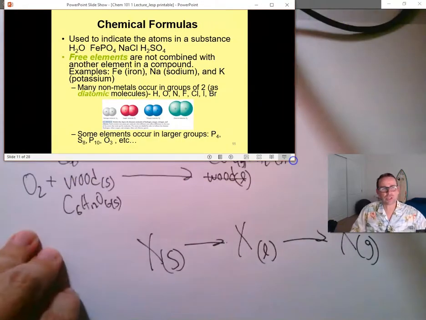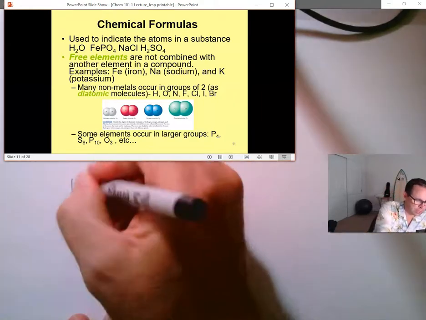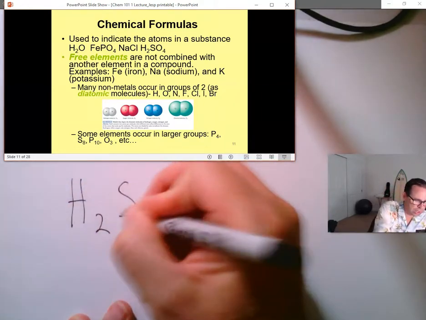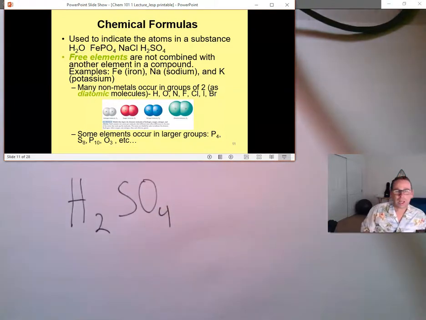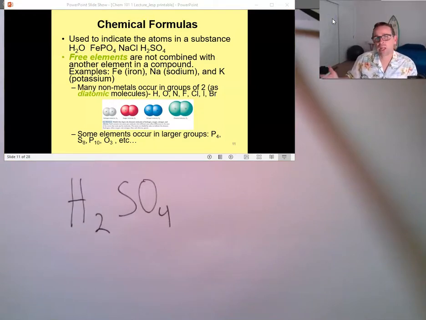So let's look at the H2SO4, for example. I can see, hopefully really quick, there's three different kinds of elements. I got hydrogen, I got sulfur, and I got oxygen. But we need to be careful about counting the different numbers of those kinds of elements. It's usually really straightforward, but we've got to be careful.